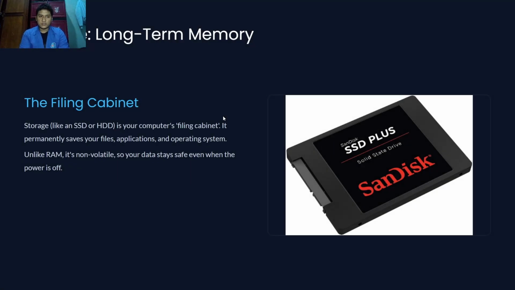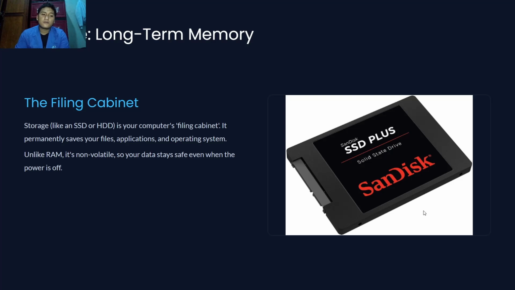The next one is storage, or what we call long-term memory. Storage is like an SSD or HDD. As you can see here is an SSD, which means solid state drive, and the brand is SanDisk. It is fabricated in the United States, I think. It permanently saves your files, applications, and operating system.